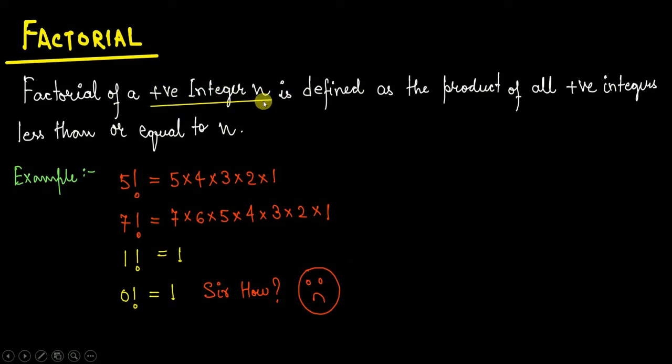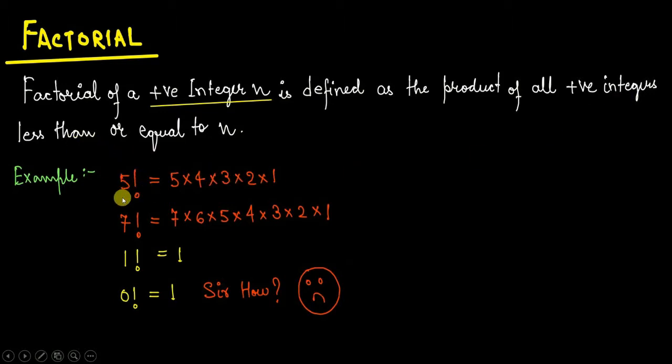Okay, so we'll see that we can find the factorial of negative numbers as well, fractions as well, but for the time being, this is the generic definition, in a sense that whenever we talk about the factorial of an integer, that will be considered as the product of all positive integers less than or equal to n. So it is nothing but the product of all positive integers which should be less than or equal to n.